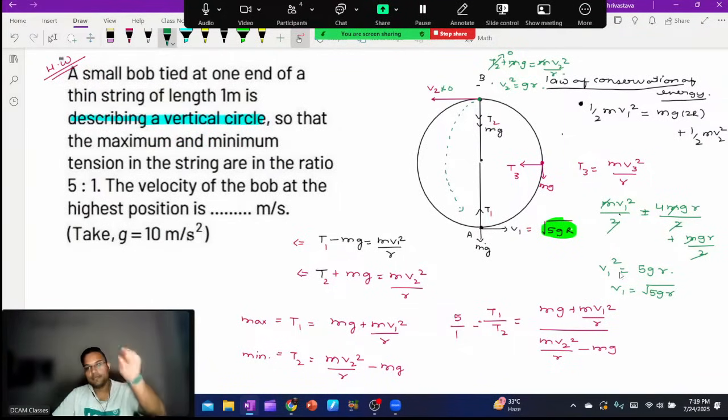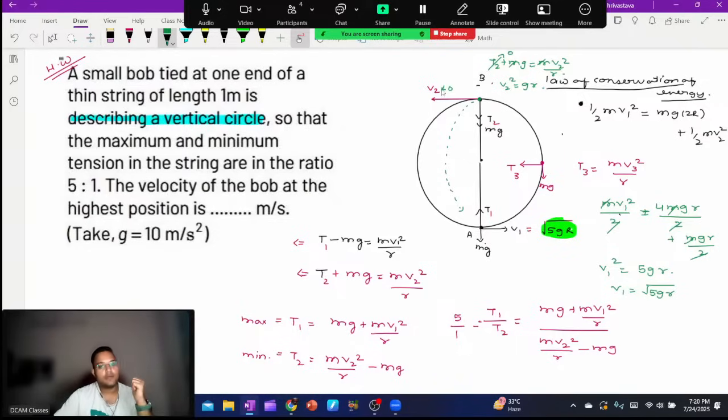To describe the vertical circle, you have two conditions. After the ball is projected from point A, it moves to point B. If it has to complete the circle, you will think of two conditions. One condition is I will make the velocity zero.